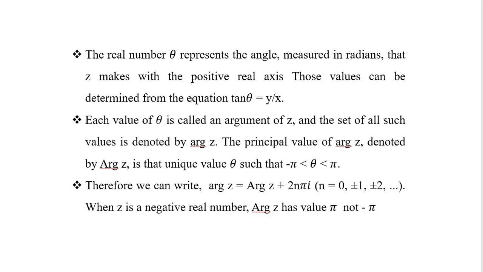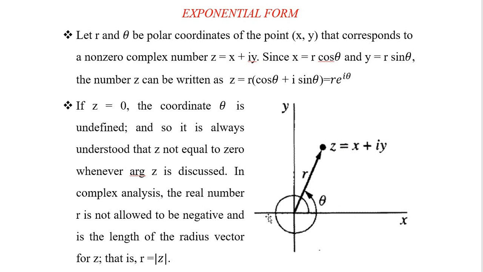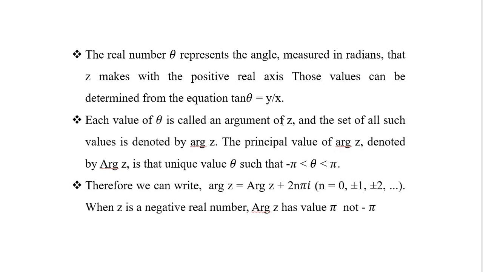Another point: each value of theta is called an argument of z, and the set of all such values is denoted by arg z. The principal value of arg z is denoted by Arg z.